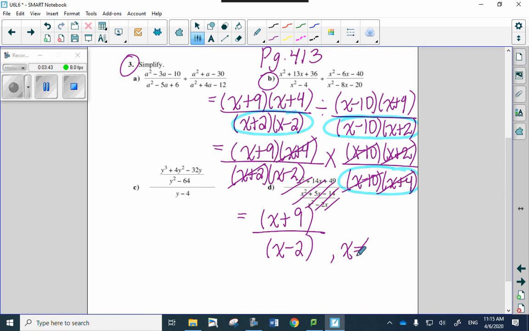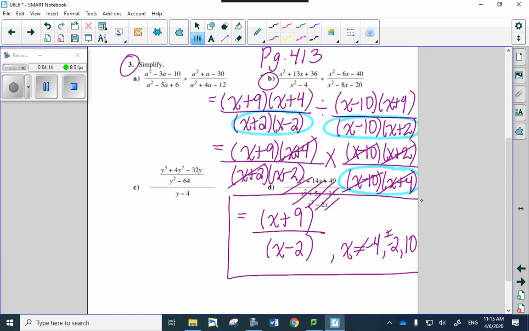So my first restriction that I'm going to include is going to be negative 4, then negative 2, and then we're going to also have positive 2, so I could just write plus or minus 2. And then we're going to have positive 10. Okay, so here would be my complete answer if I was to simplify this, as well as then state all of my restrictions. Okay, so that's how to do 3B.